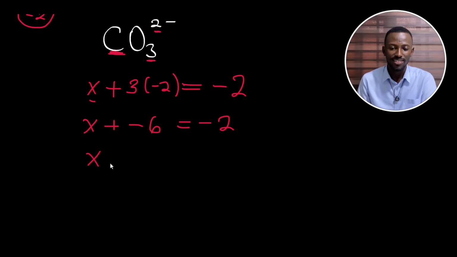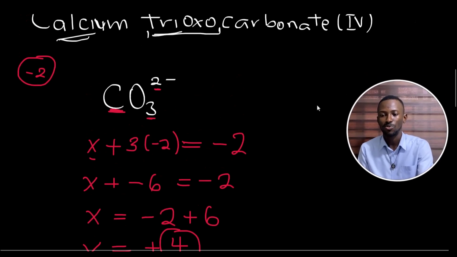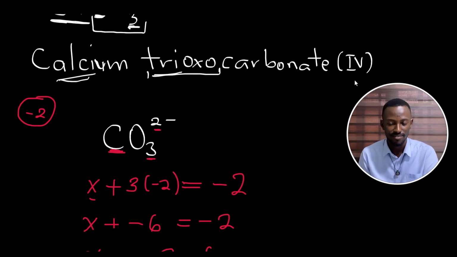So X will be equal to, we bring this -6 to the other side, -2 plus 6. X equals -2 plus 6, which gives us +4. This +4 is the oxidation state of carbon. That is what is written as IV.